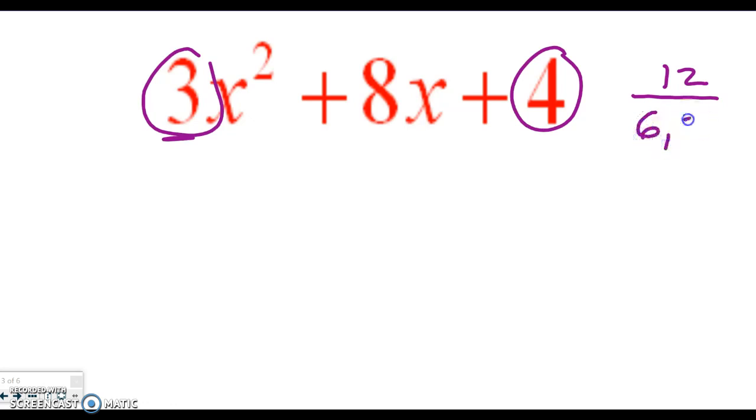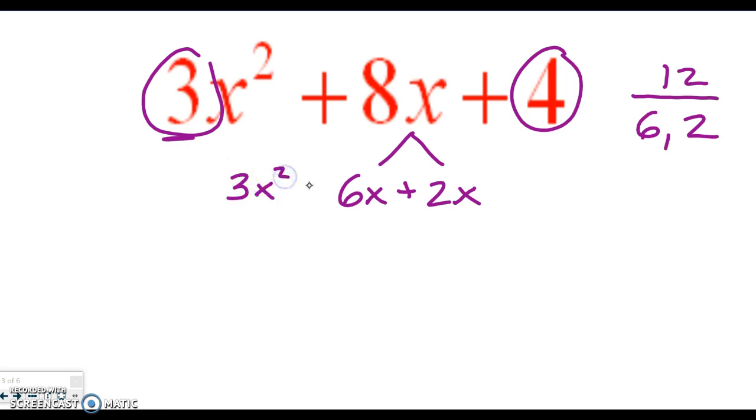They are 6 and 2. So now what that means is I'm going to break this up into 6x and 2x. Again, I'm not changing anything. 6x plus 2x adds up to 8x. I'm just writing it differently now so that I can do my factoring by grouping. 4 terms instead of 3, allowing me to group things in parentheses and then go about factoring.